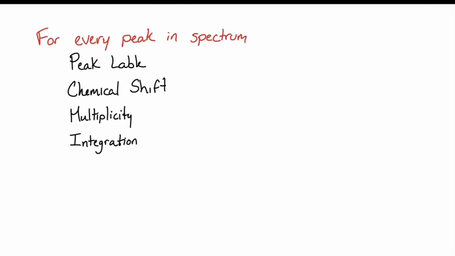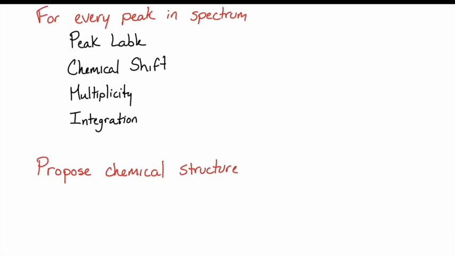Okay, and then at the end, after I analyze each of my peak clusters in my spectrum, at the very end, I'm going to propose a chemical structure. That's the whole point of the NMR, is that we can nail down the actual chemical structure, all right, with my peak labels.